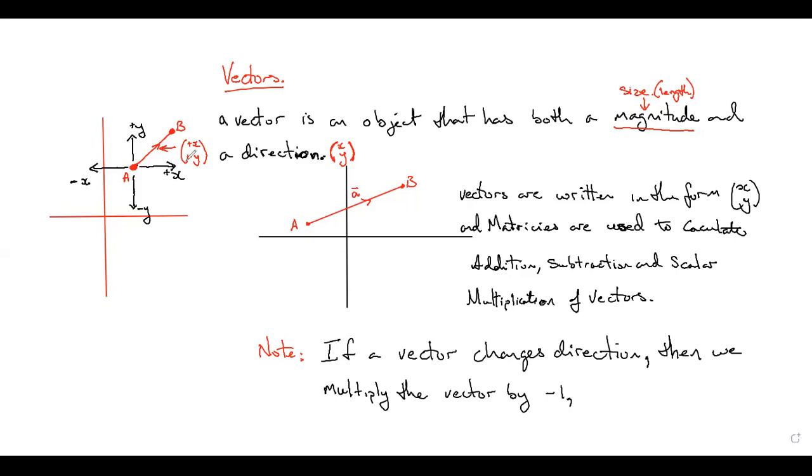If the vector had gone from A in this direction, let's call it C, we went to the right, so we have a positive x value, but we went downward, so the y will be negative.